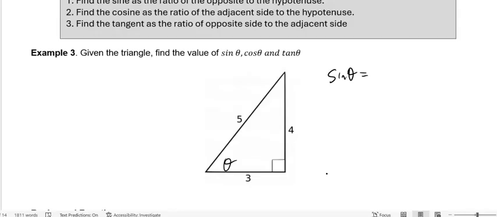Sorry, let me say that again, I think I said that wrong. Sine is opposite over hypotenuse. Cosine, adjacent over hypotenuse. Tangent is opposite over adjacent.